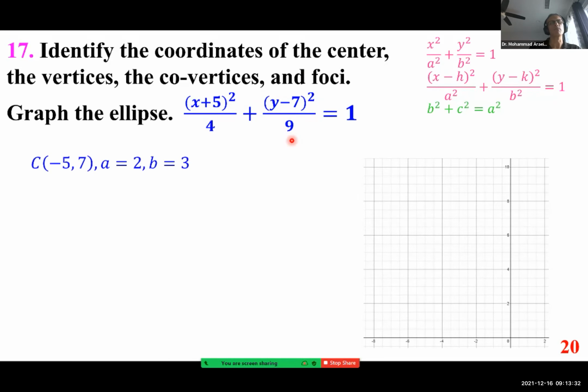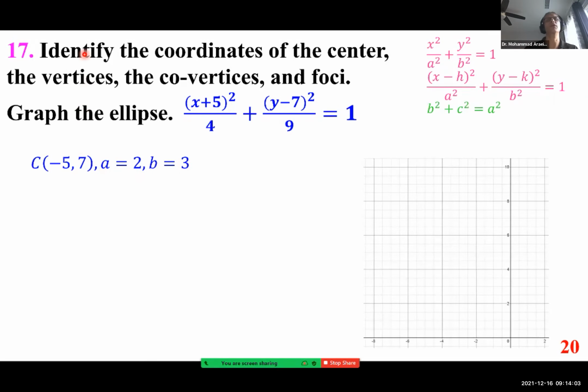So right away, you notice B is larger than A. So that means it's elongated along the y-axis. So with the center being at -5, 7, we go 2 units to the right and left and 3 units up and down, and we write all of them because 3 is larger than 2.